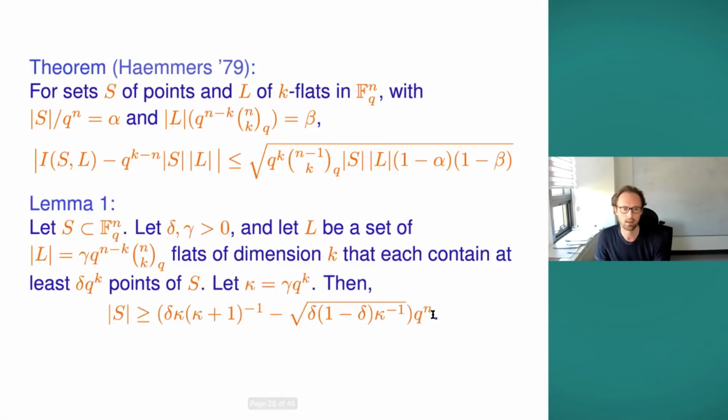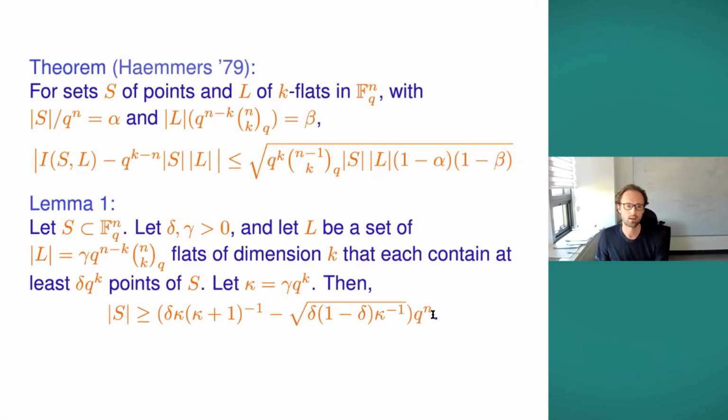And here's the particular formalization, the particular parameters that we're going to need to capture that intuition. We fix two constants, delta and gamma greater than 0. Now we're going to take a gamma proportion of all of the k-flats and say that each of those k-flats contains at least a delta proportion of all the points.